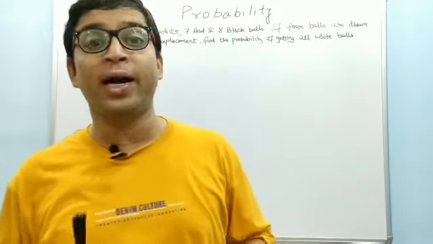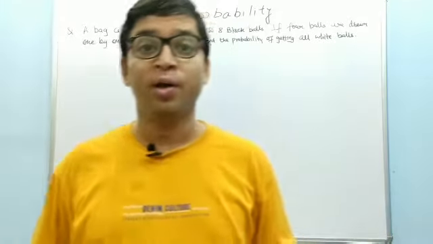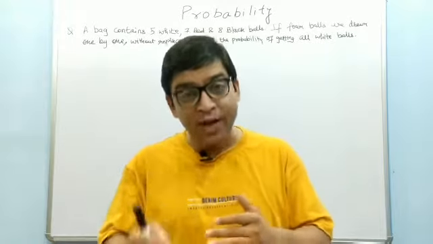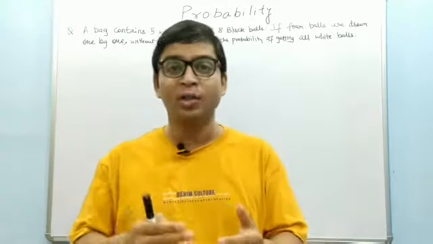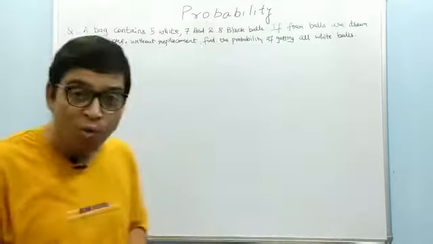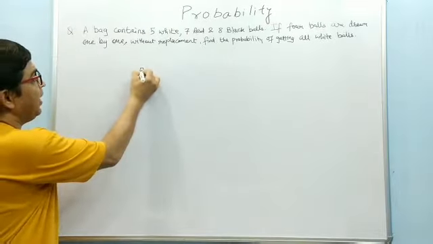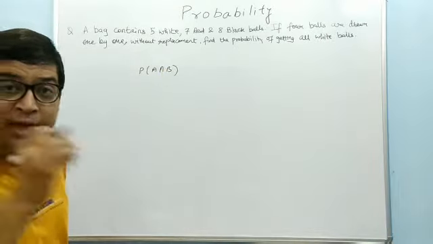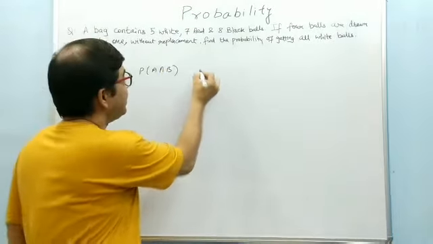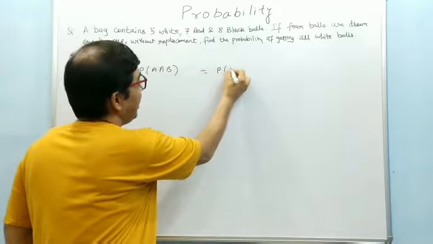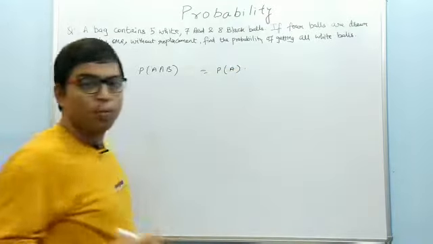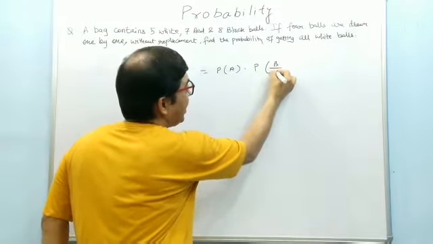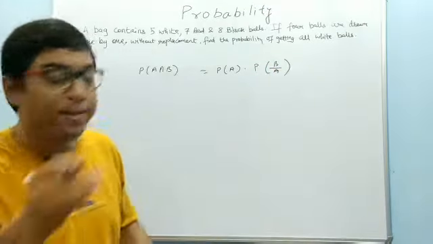We will see now conditional probability. Probability of happening of an event when it is dependent on the other event. How do we write? P A intersection B, when A and B are dependent on each other, is written as PA into PB when A has already happened.